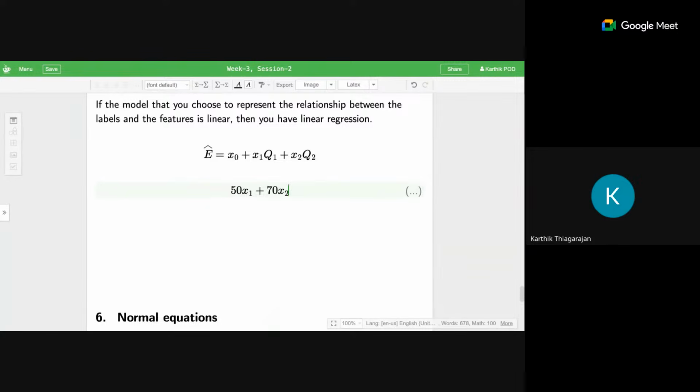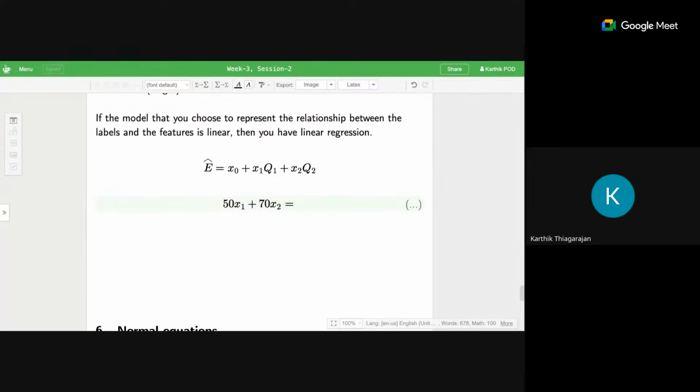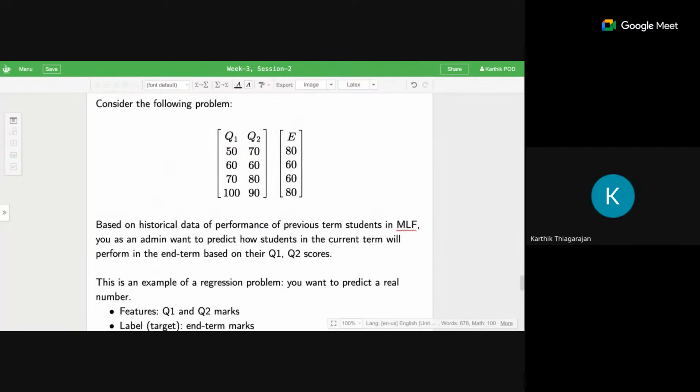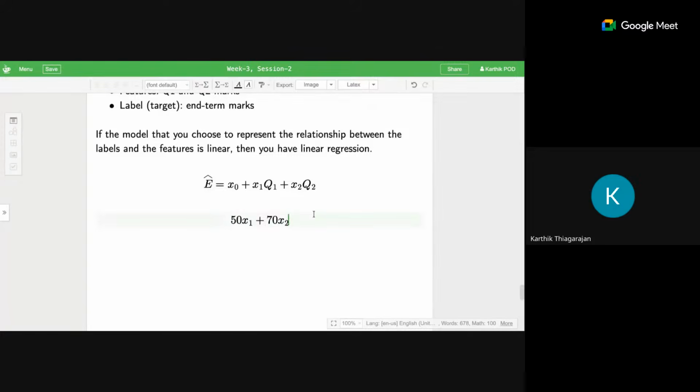For simplicity, let's leave out the X0. This is the first predicted value. I actually don't know if this is equal to 80, and in all likelihood, it will not be equal to 80. Therefore, the only thing I can hope is that it is approximately equal to 80. Are you all with me so far?